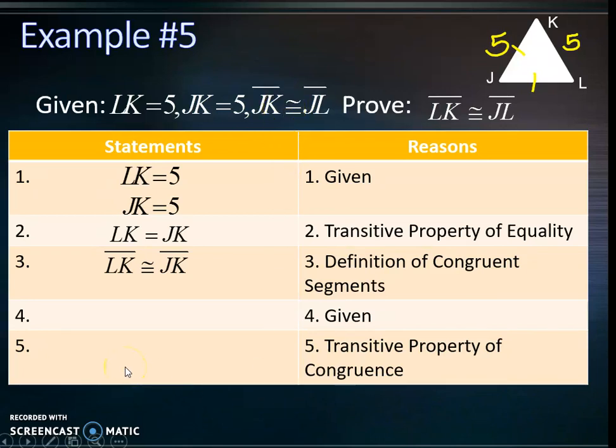LK is congruent to JK. They're equal to each other. And then this part is given, so I'm going to write it here actually. And then the last one is if LK and JK congruent, JL is congruent, then LK and JL is congruent. That means everything is congruent. If this is 5, that's 5, that's going to be 5.